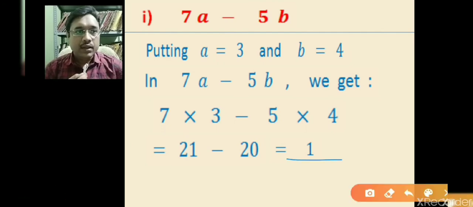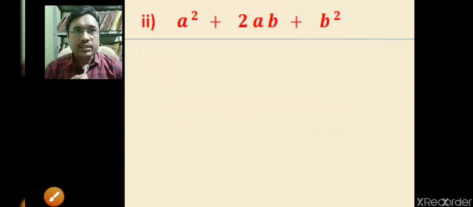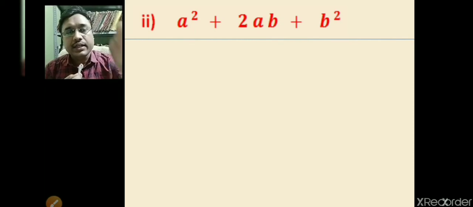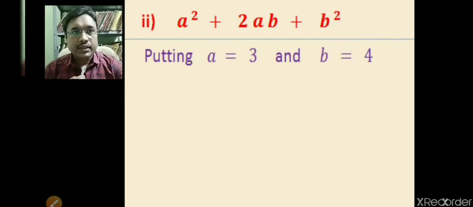Okay, now the second question is a square plus 2ab plus b square. Now we will find the value. You see that a is 3 and b is 4, so we will substitute a equals 3 and b equals 4 to find the value of this expression also.